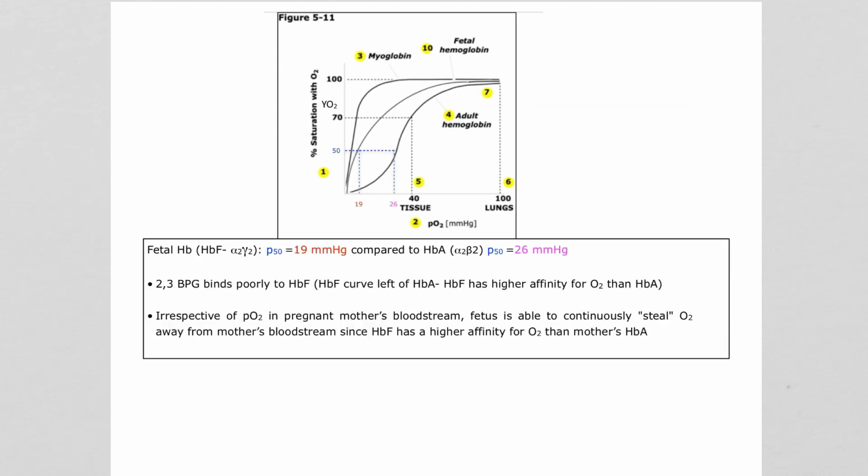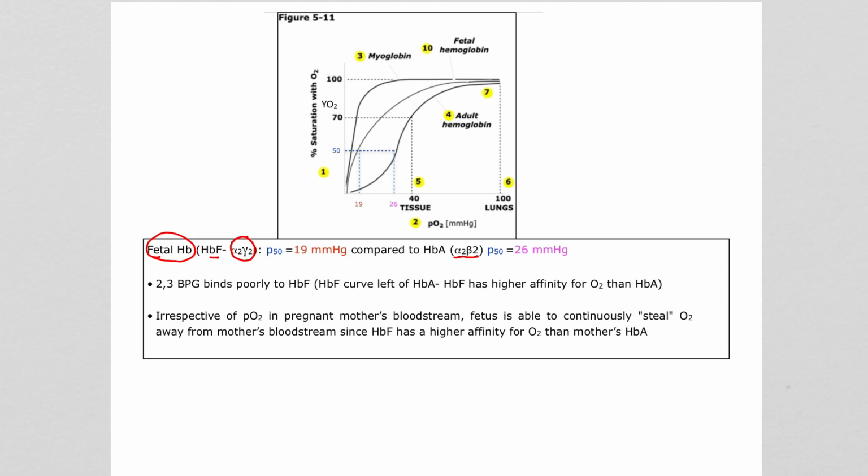A few words about the scenario in a pregnant woman. Fetal hemoglobin, the fetus hemoglobin called HbF, that's also tetrameric, has 4 subunits, alpha 2, gamma 2. Hemoglobin adult, the mother's hemoglobin, is alpha 2, beta 2.